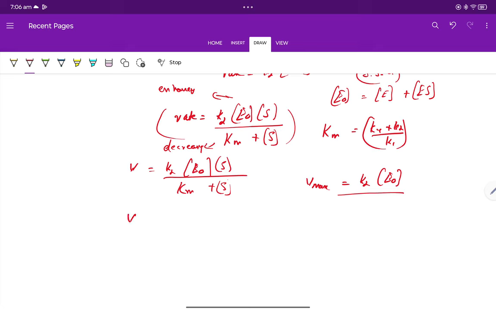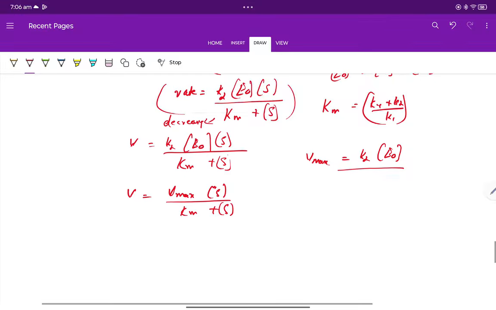So V will be equal to Vmax into S divided by Km plus S. Now let us take the reciprocal of this equation.